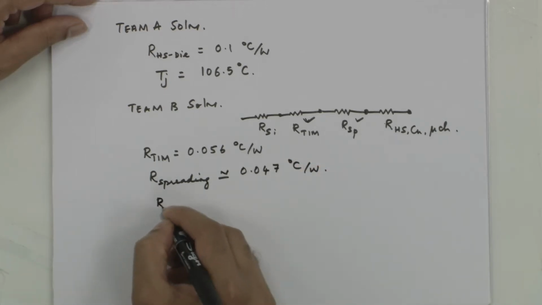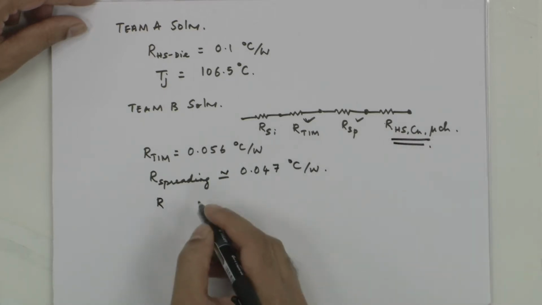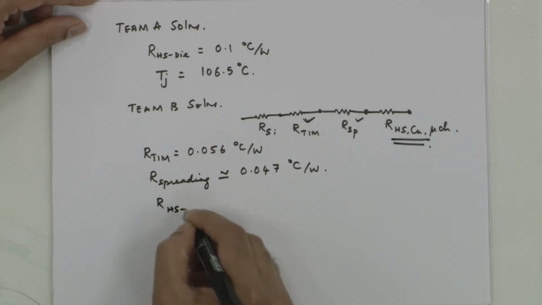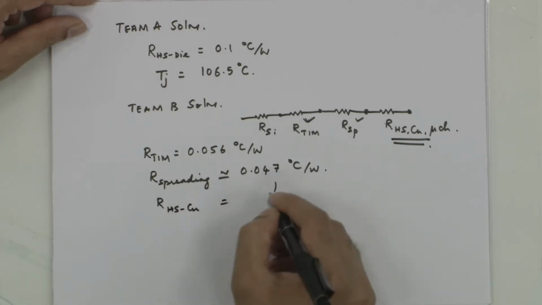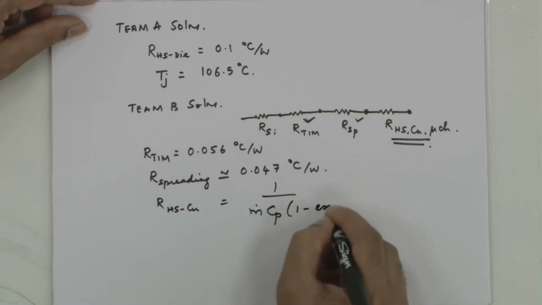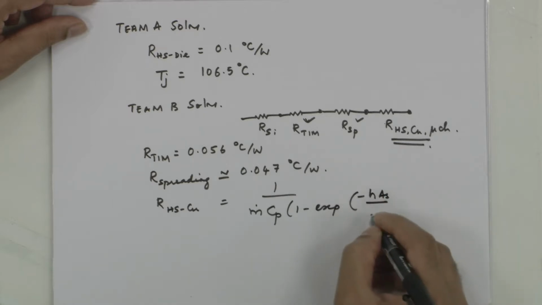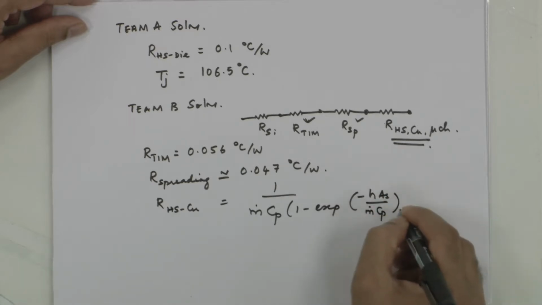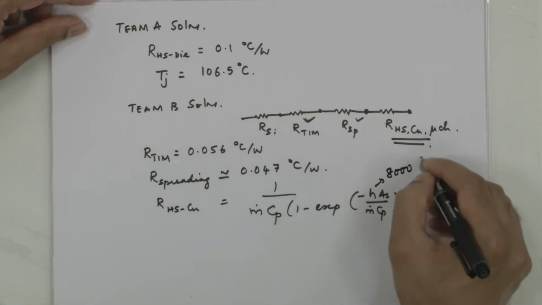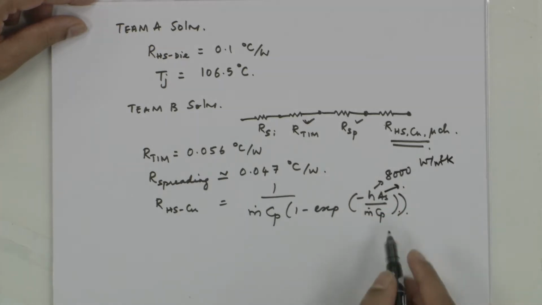The cold plate or the heat sink resistance that was enabled on the copper can also be calculated. The only difference is that we use the same relationship, 1 by m dot C_P times 1 minus exponential of minus h A by m dot C_P. This h is already known for both the cases, it is 8000 watt per meter square Kelvin, but the area is the one that changes here.